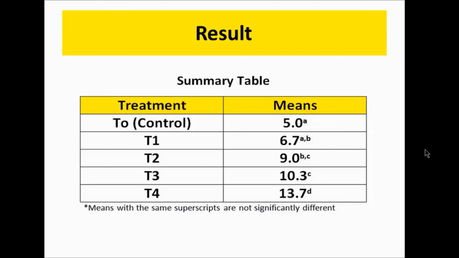Likewise, treatment 1 and treatment 2 showed no significant difference, as well as treatment 2 and treatment 3. However, treatment 4 showed that it is significantly different from the rest. So it shows that treatment 4 has the best impact or result when we use the different levels of fertilization on corn plants.